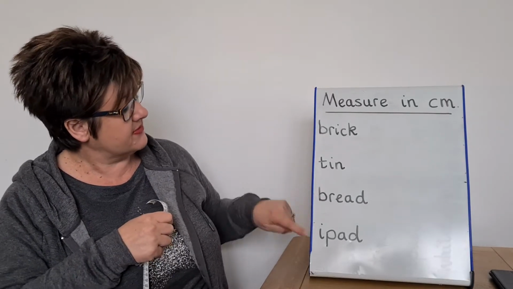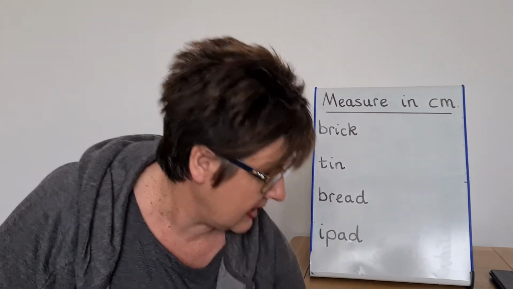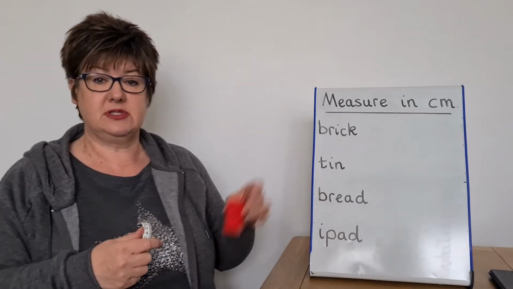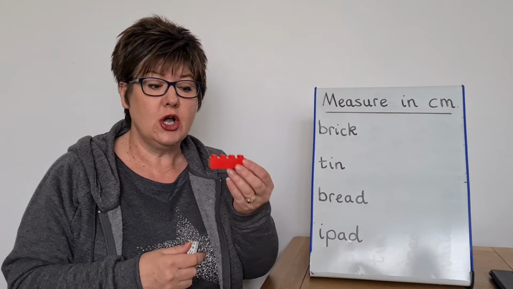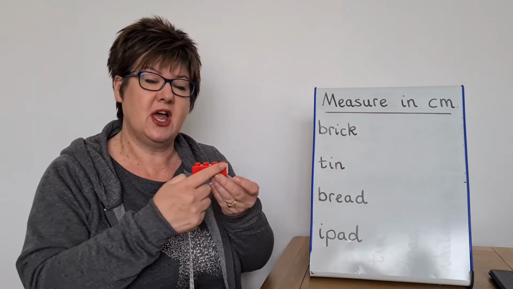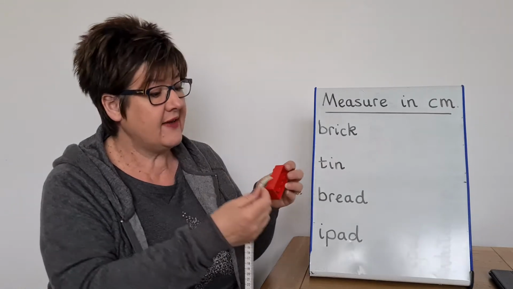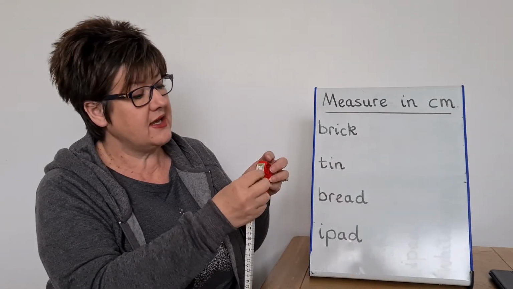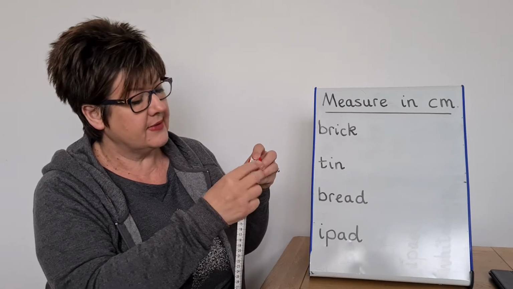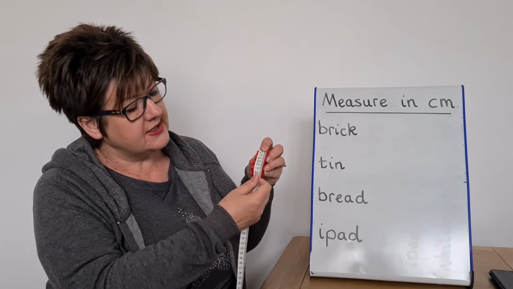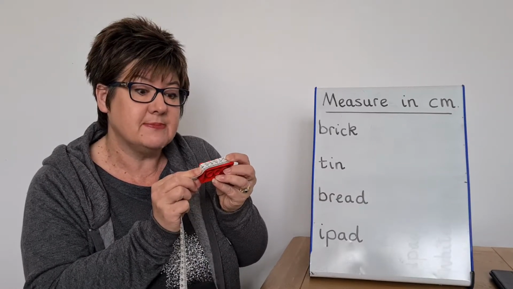Let's have a look. I've got some things here that I'm going to measure. Let's measure the Duplo brick. Now, we were using our Duplo bricks to measure with, weren't we? But let's see how long the Duplo brick is. I'm going to measure the longest part of my objects again today. Very carefully, I put the end of my tape measure or my ruler at the end of the object I'm measuring, and I spread it along to the end of the object to see how many centimetres it measures.